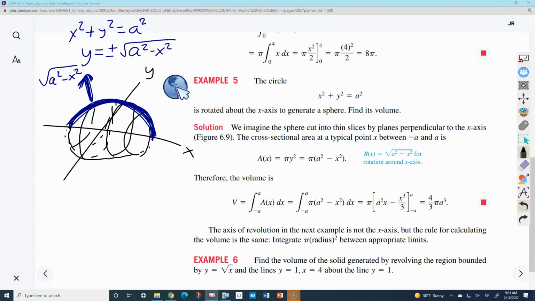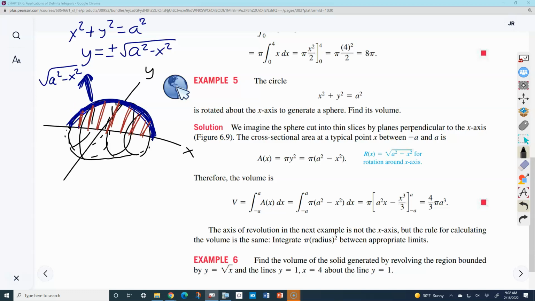And so that then is the radius that is revolving around this x-axis.